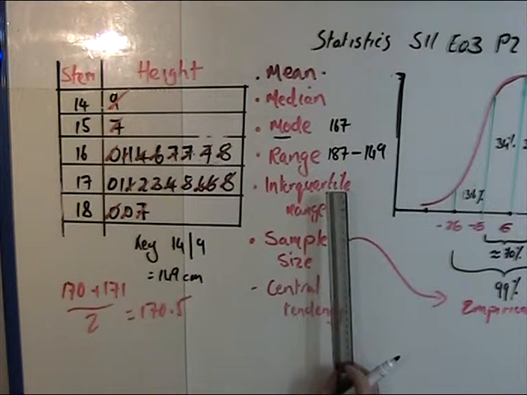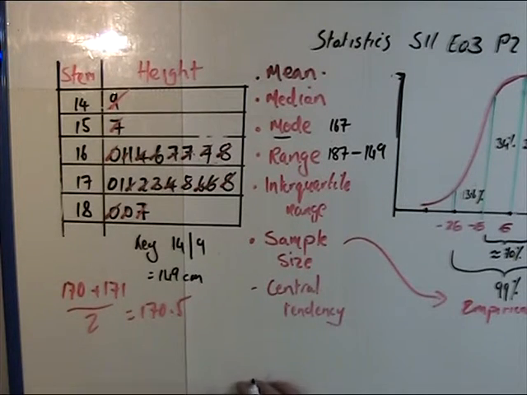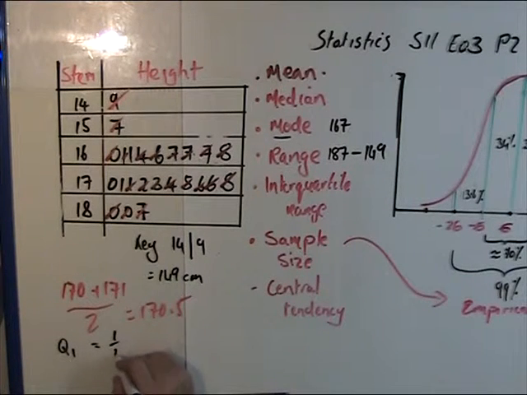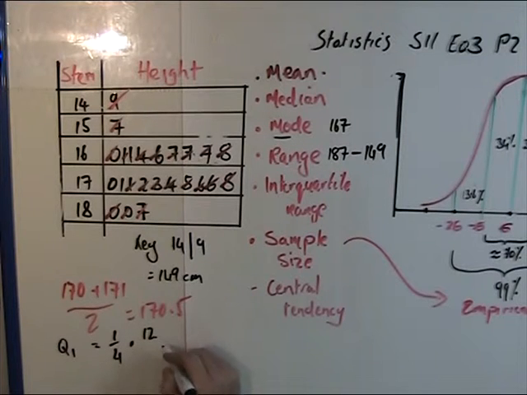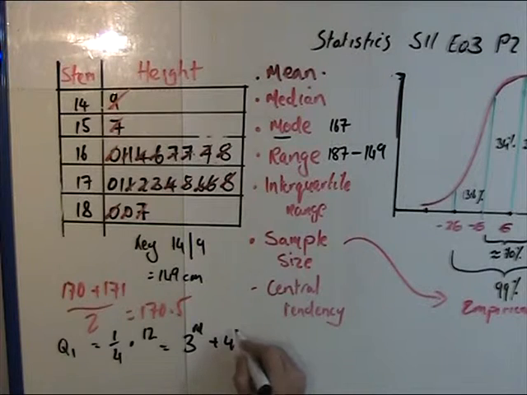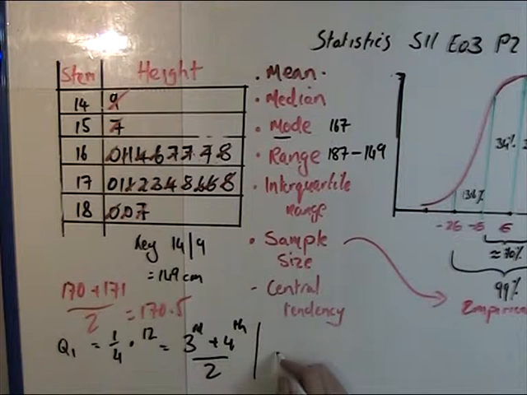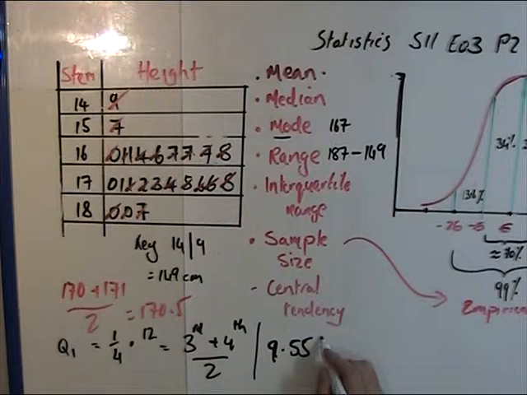The interquartile range. Now remember, first of all we have to find Q1, which is the first quarter of the sample size, and the sample size is the number of elements in there, which was 12. So it's worked out as the third term, and then we added the fourth term divided by 2. If the third term became a fraction, we just rounded down, always down, to 9, but not in this case.